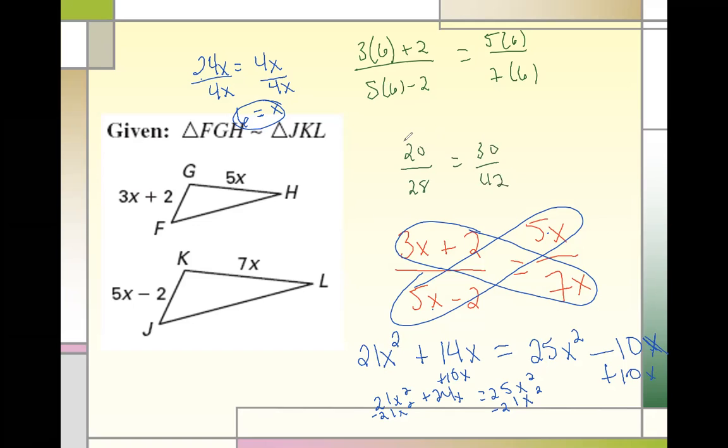And when we cross multiply, did we get the same answer? 28 times 30 and 20 times 42? Yes, we do, 840. That means 6 is the correct answer.